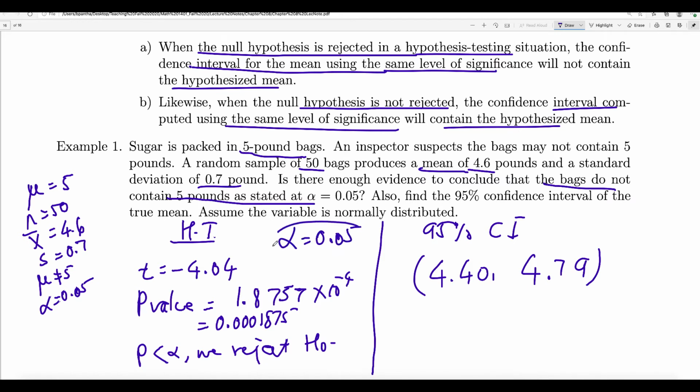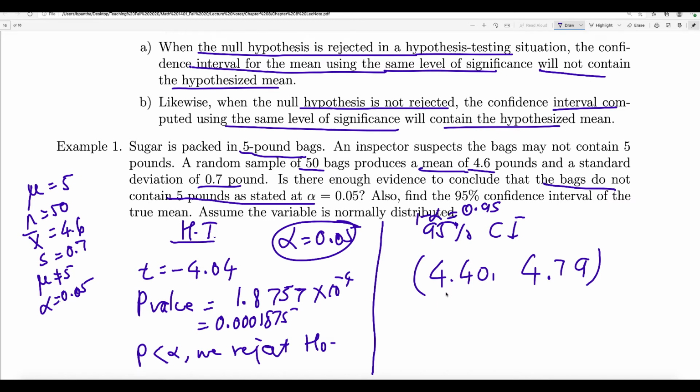And in the confidence interval, we do 1 minus alpha, which is 0.95, because a 95% confidence interval means 1 minus alpha is 0.95. So we are using the same significance level, okay? Here we got the confidence interval between 4.4 and 4.79. Then it says, if you reject, then the confidence interval does not contain the hypothesized mean.